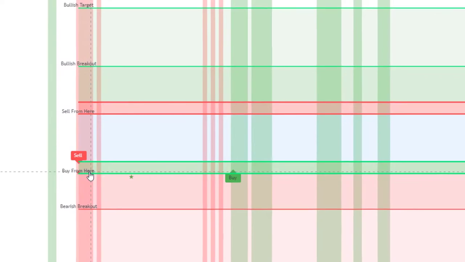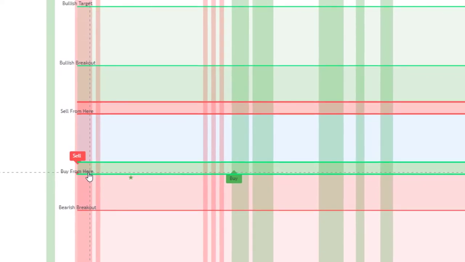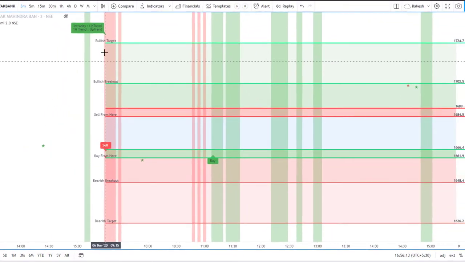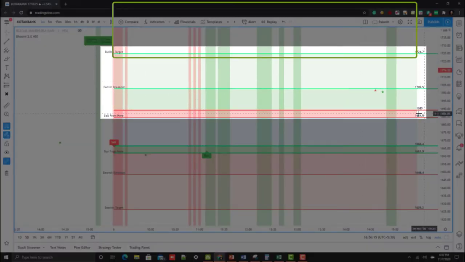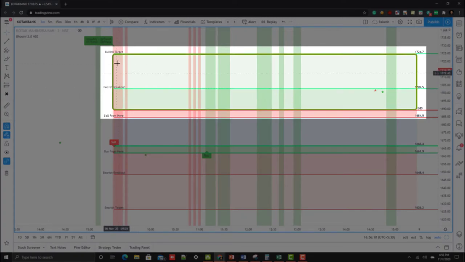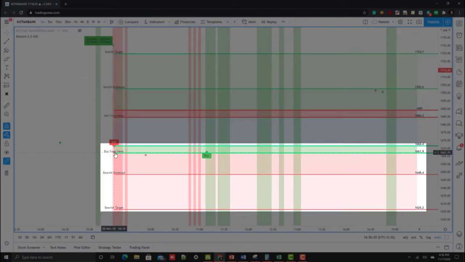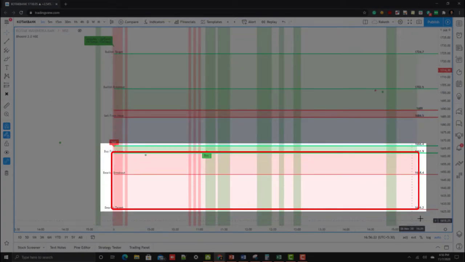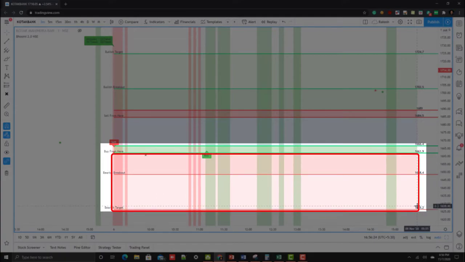Buy from here says that this is a fair price for a stock to start buying from here, and sell from here says that there's a fair price for a stock for you to start selling. So these two are important and key levels when you trade. Now above sell from here, the zone is marked in green. That means that it is a bullish zone. Anything below buy from here, it's marked in red. That means it is a bearish zone.